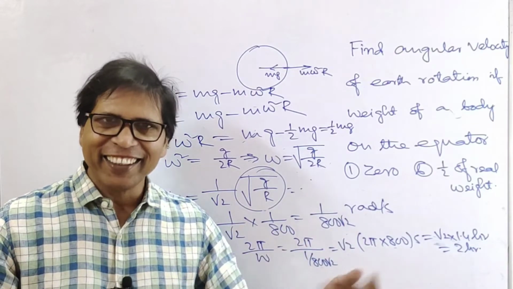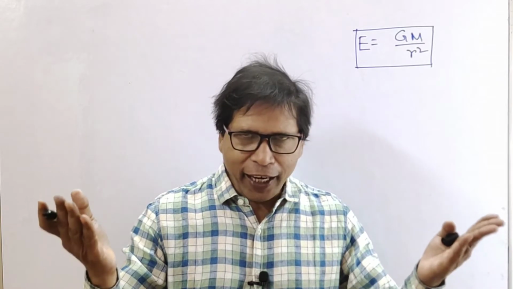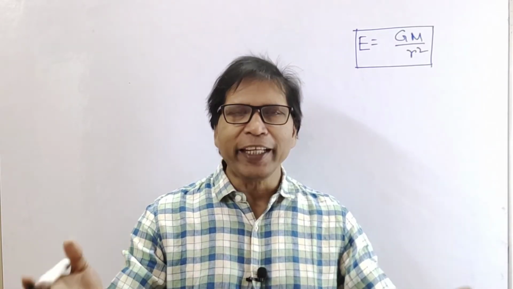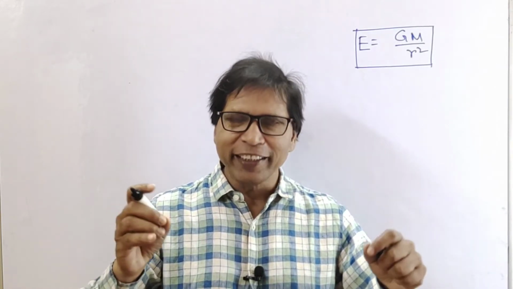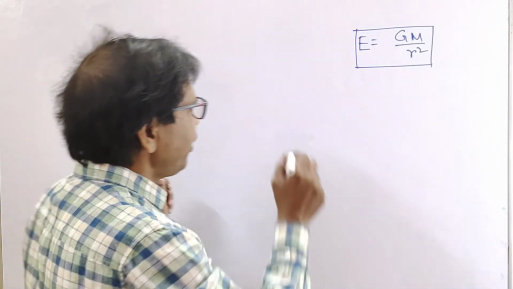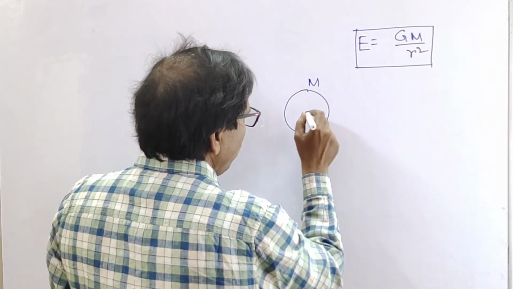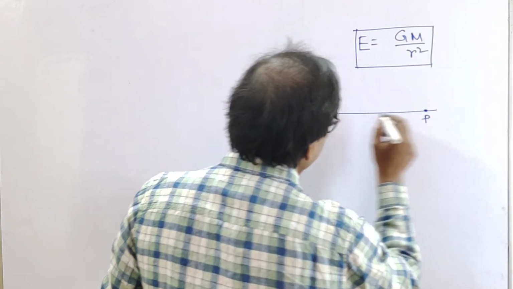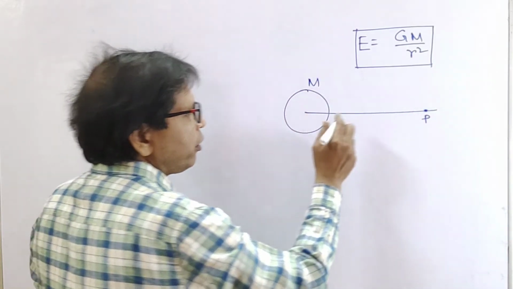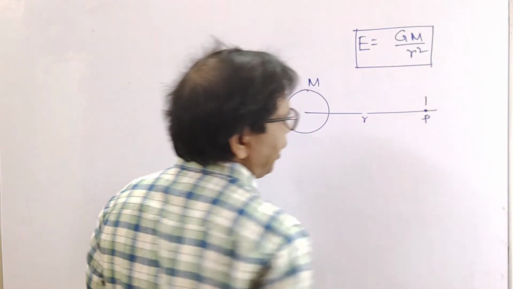Okay, next, now gravitational intensity. Gravitational intensity is the force experienced by a unit mass of a body in a gravitational field. Suppose this is a body of mass capital M. We have to calculate gravitational intensity at the point P due to this mass. Suppose this distance is r, so we place a unit mass here.